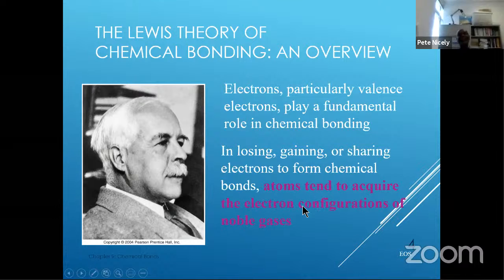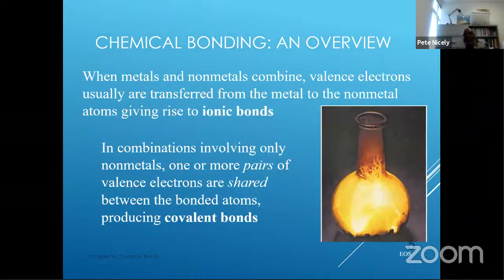In doing so, they tend to acquire the electron configuration of the nearest noble gas element in the periodic table, all right? So that's what Lewis came up with to explain chemical bonding, and one can see that in several simple examples, such as the reaction between a metal and a non-metal.